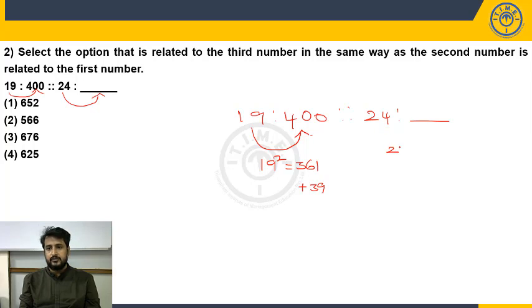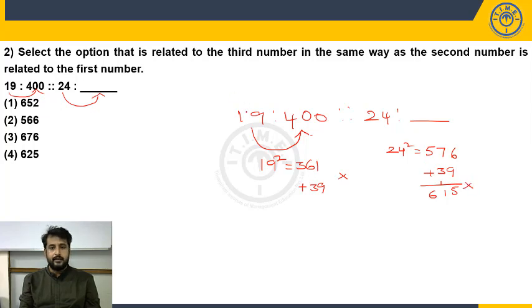24 square is 576 plus 39. How much is it? 615. Do you have any choice like that? No. It means this logic is wrong.